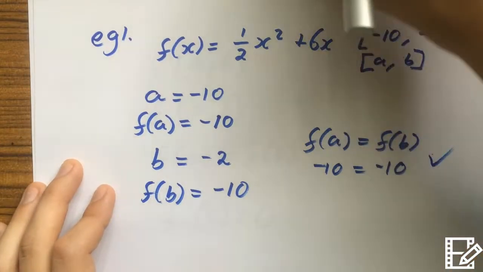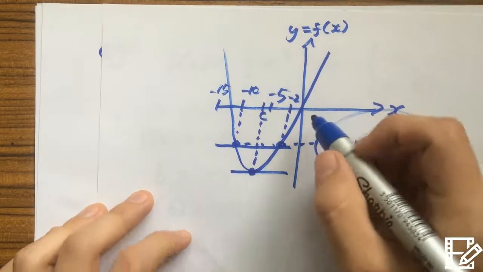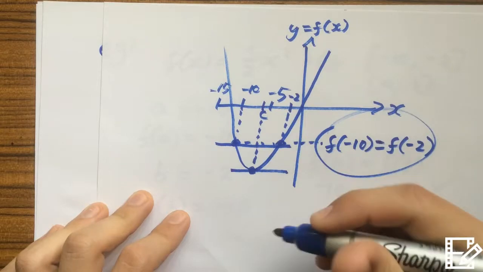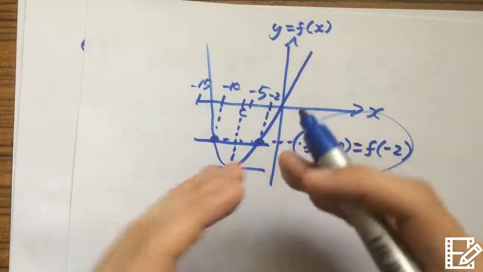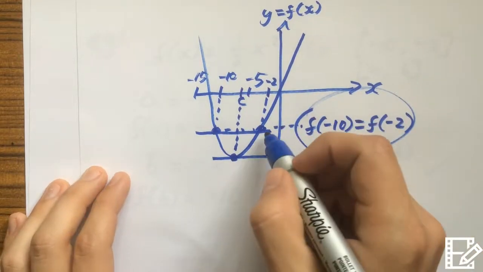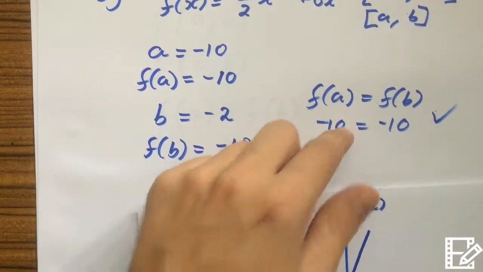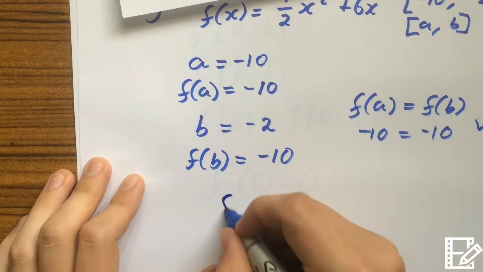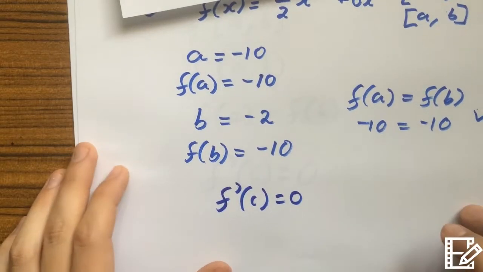On this graph, the two endpoints are here. It's continuous, which is good, tick the box. Across the whole lot, it's differentiable because there are no sharp changes, which is also good. And these two are equal, which we've just proven. So that's another tick, which means that f prime of c has to equal 0.